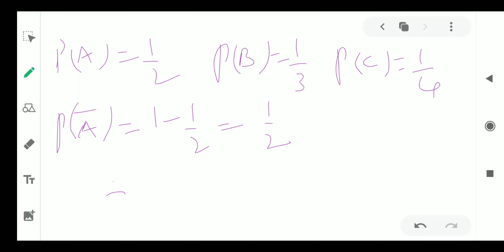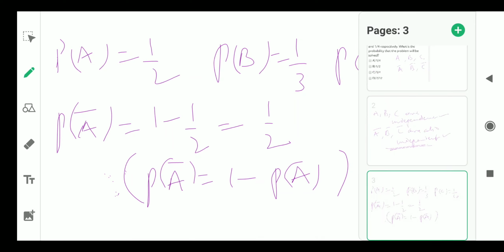Since we have probability of not solving equal to 1 minus probability of solving, it is 1 by 2.